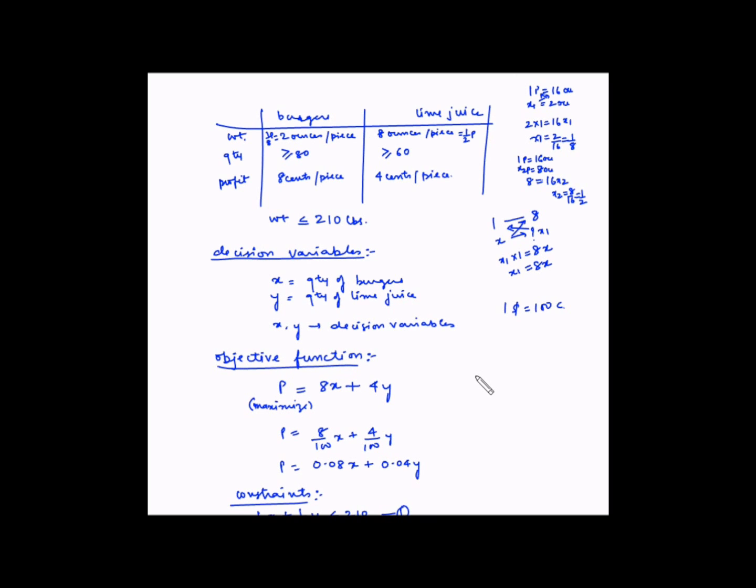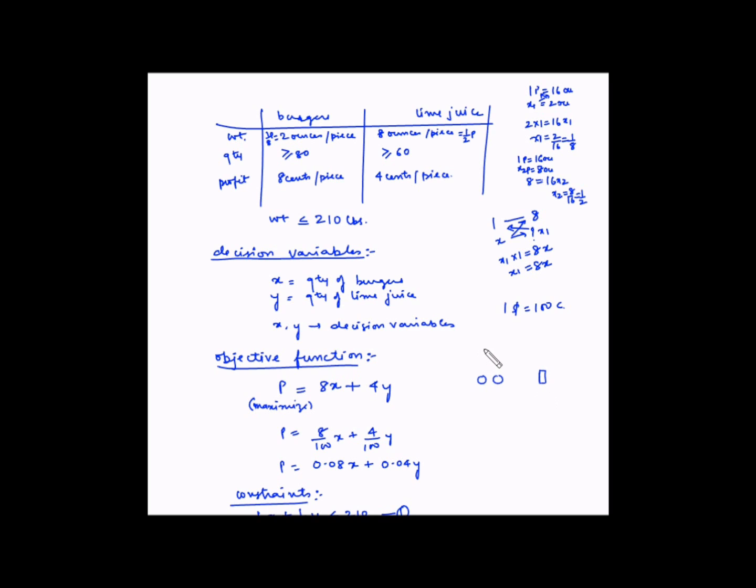Now the fourth constraint given to us is that for every 2 burgers he sells, he needs at least 1 lime juice. So suppose he is selling 2 burgers, and for that he needs at least 1 lime juice.